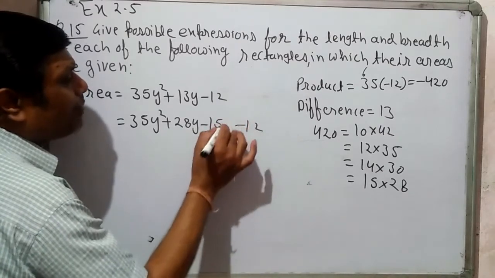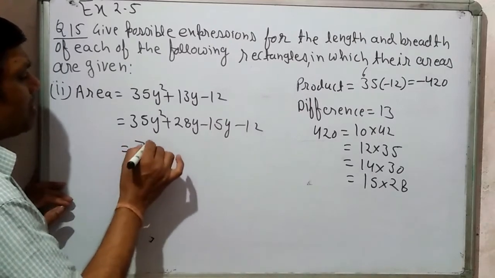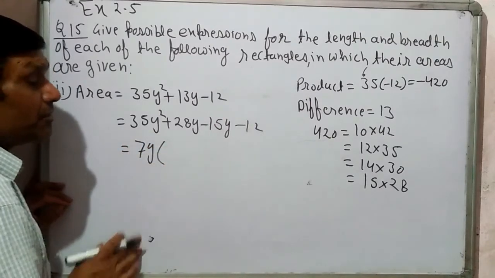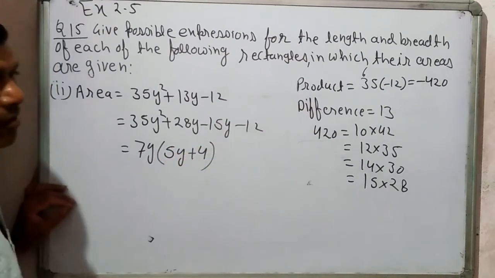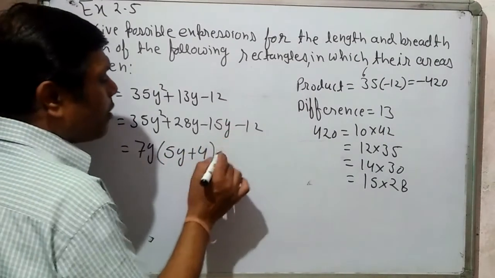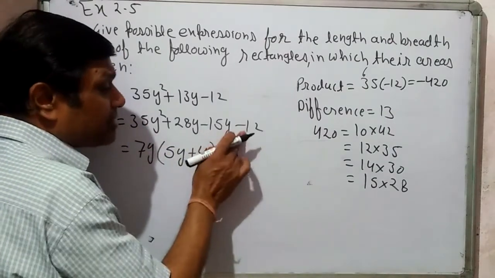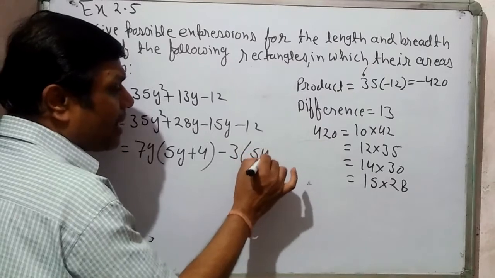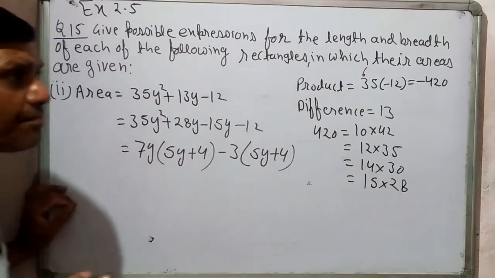We will be able to factorize it. Take common, what will be common? 7y. What will be remaining? 5y plus 4. 3 common out? No. Negative 3 common out, that means the sign will change. 5y plus 4, same brackets.